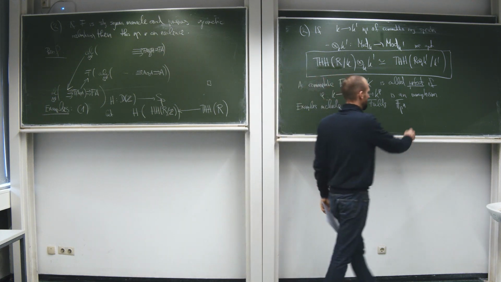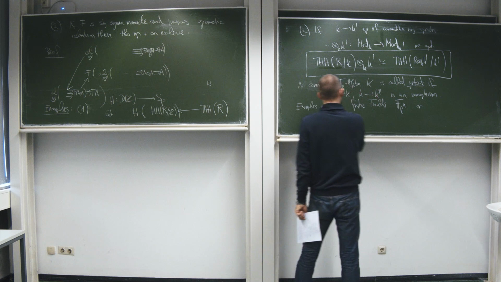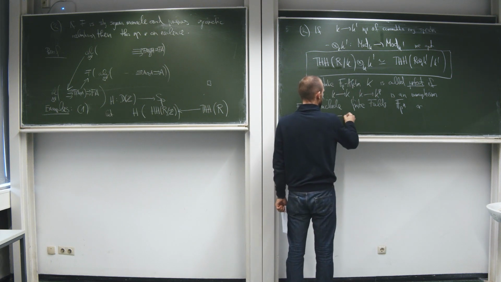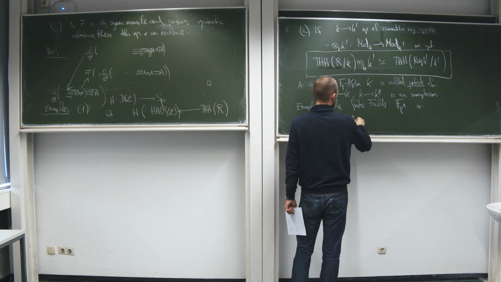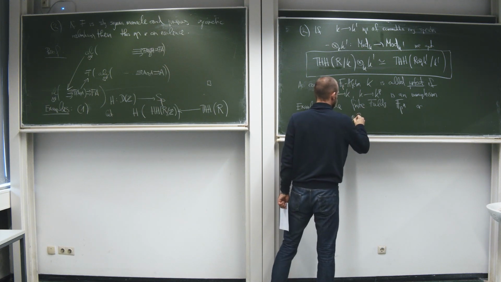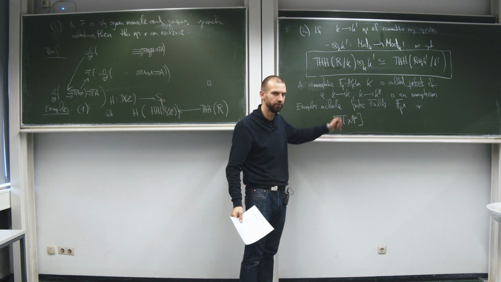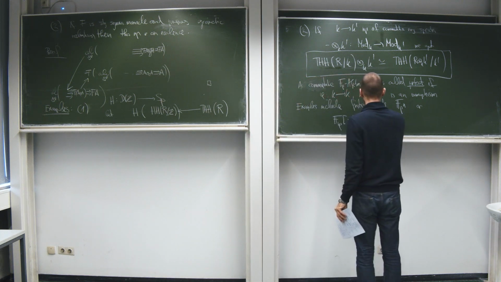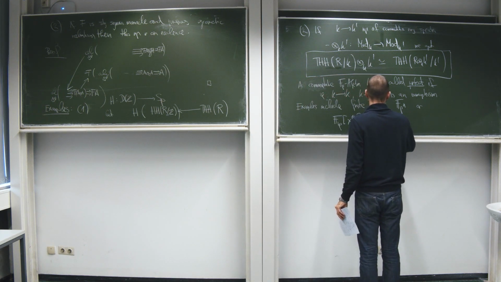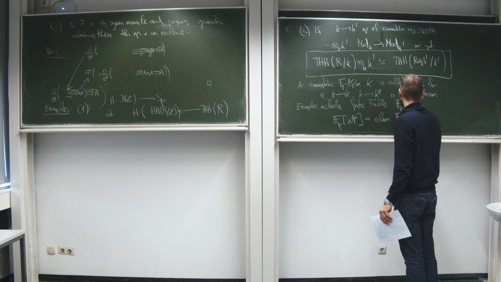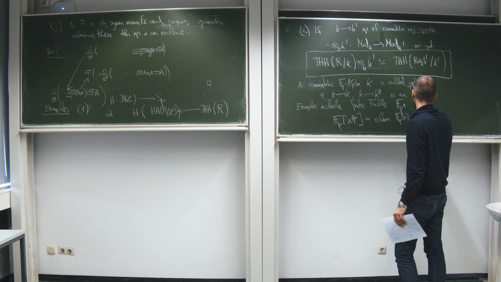For example, a ring like F_p[x^{1/p^∞}] is a perfect F_p-algebra, and by this I just mean you adjoin all the p-power roots to x, or in other words, you take the colimit of F_p[x] over the Frobenius.